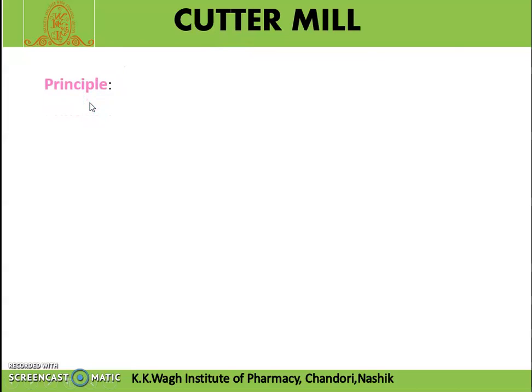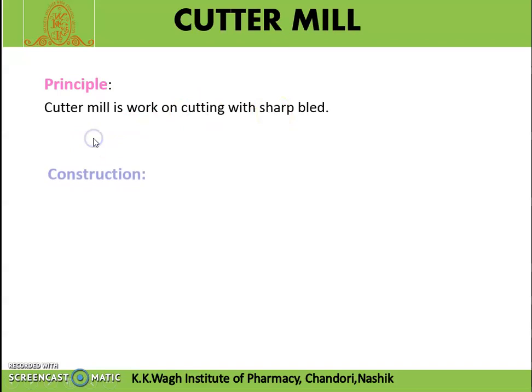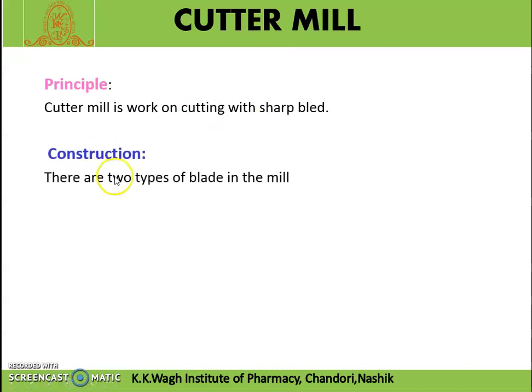The principle behind the cutter mill is that it works on cutting with sharp blades. In this we use the sharp blade to cut down. Then construction. In the construction there are two types of blade in the mill.